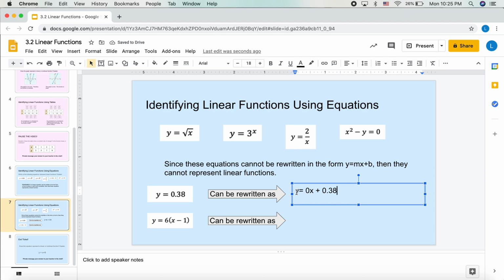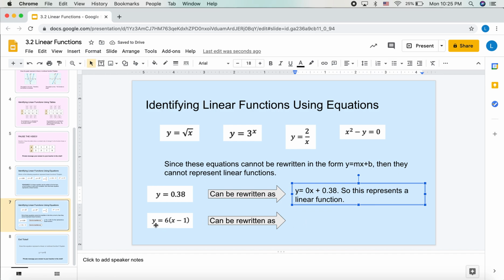Right? We can see this is in the form of y equals mx plus b, where this is our m, this is our b, and 0 and 0.38 are both constants. So this represents a linear function.